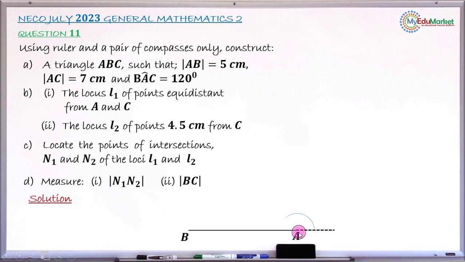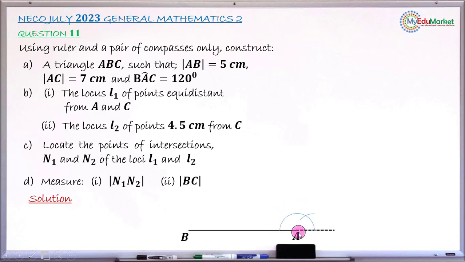With the same opening, that is the same radius, you place the compass here at this position, and draw another arc with the same radius to cut this semicircle, just like this. Then you take your long ruler from this very point to the point of intersection and draw a line. This angle is now going to be 60. The remaining is going to be 120.